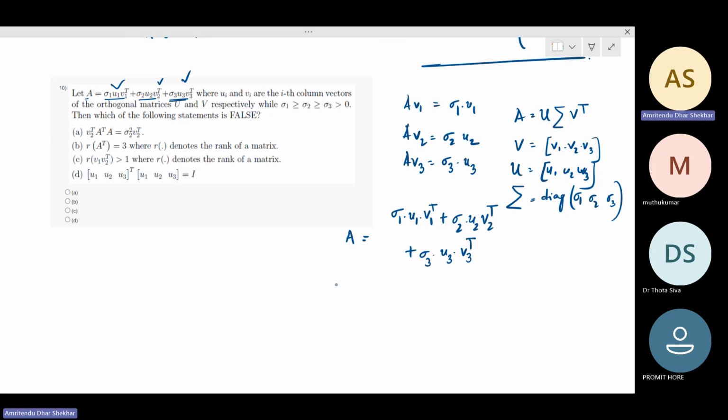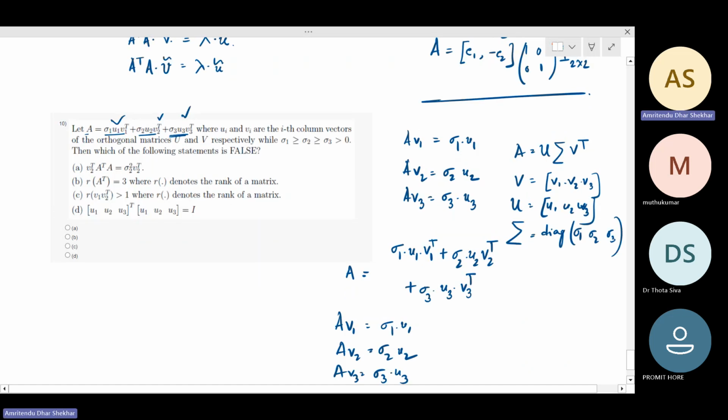Because if you put A times V1, then it's going to be equal to sigma 1 U1. Similarly, A V2 is sigma 2 U2, and A V3 is sigma 3 U3. You can just put the values over here. And it says which of the following statements is false?